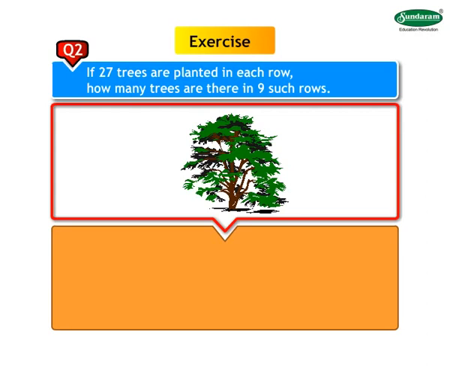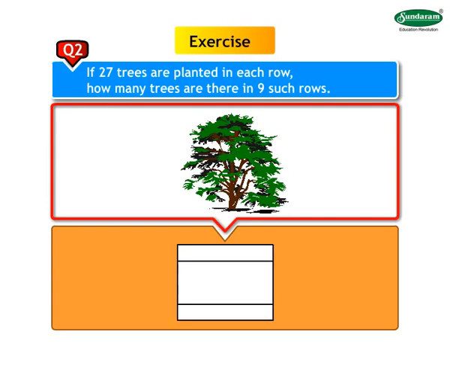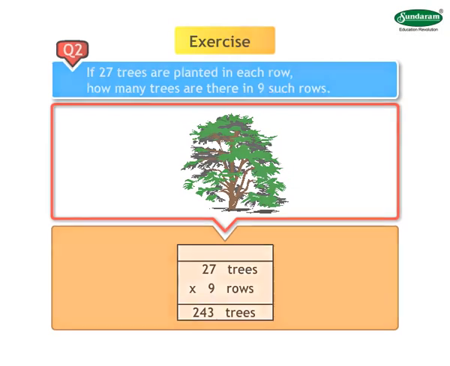We can get the total number of trees by multiplying 27 by 9. Therefore, the total number of trees is 27 multiplied by 9, which is equal to 243. Thus, there are 243 trees in 9 rows.